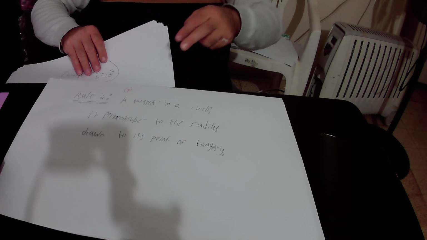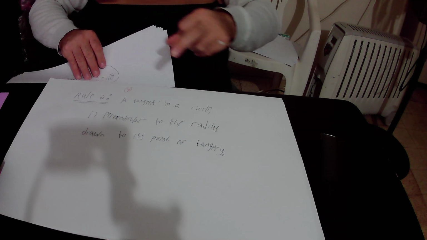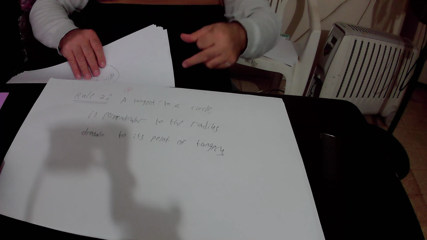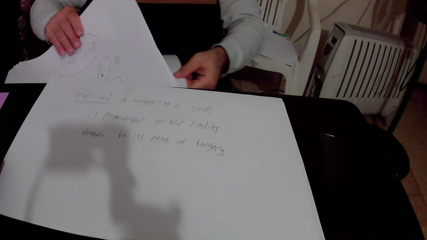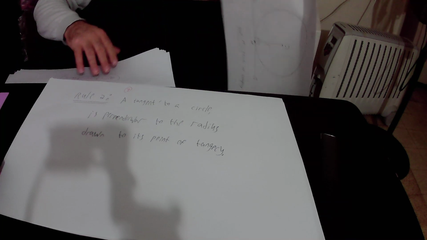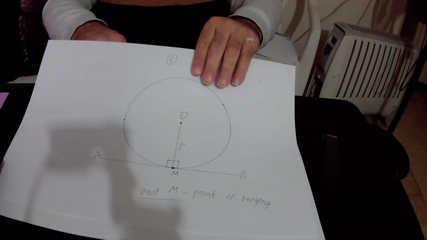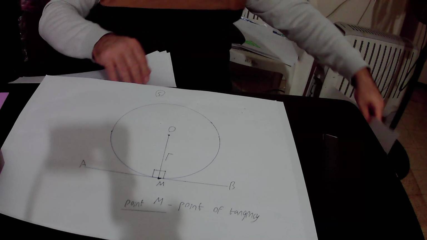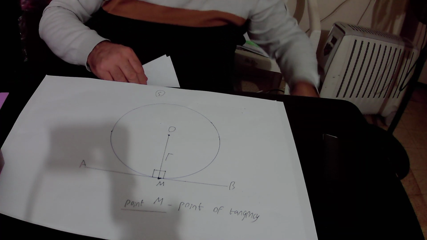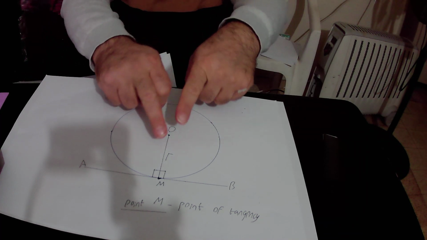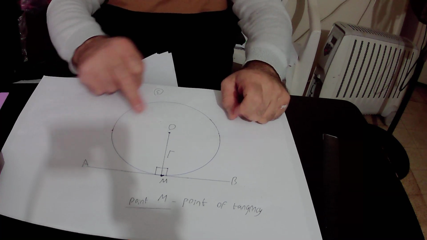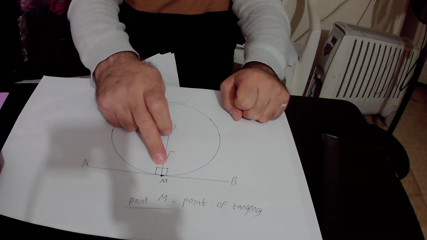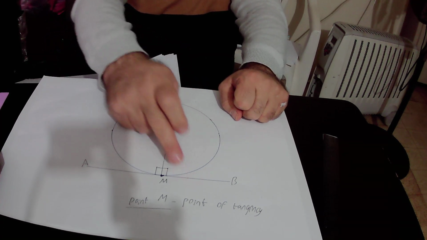So what is the meaning of rule number 2? The meaning is that if you have this circle and we have tangent AB that is tangent to this blue circle at point M, point M is the point of tangency.